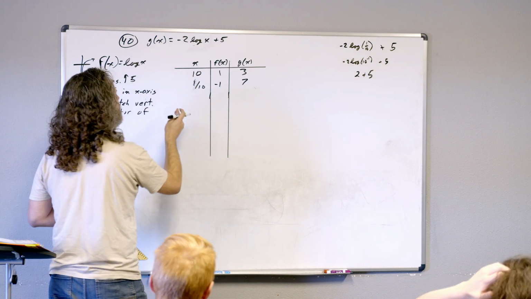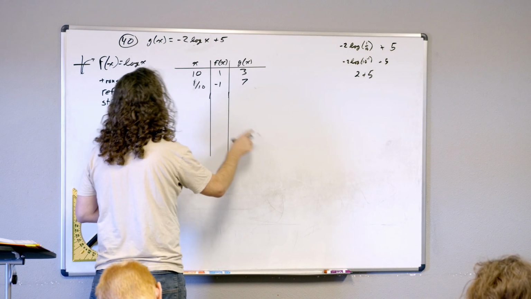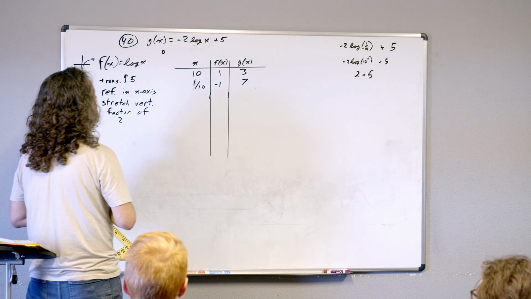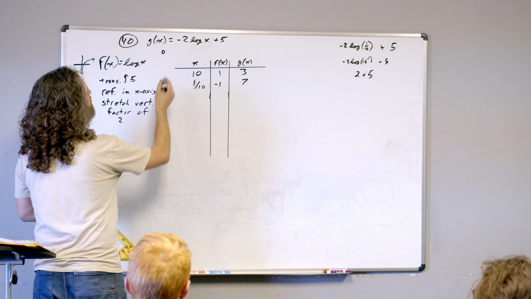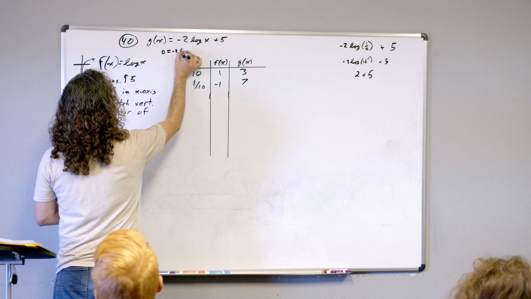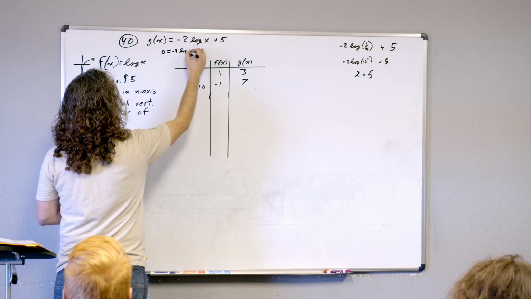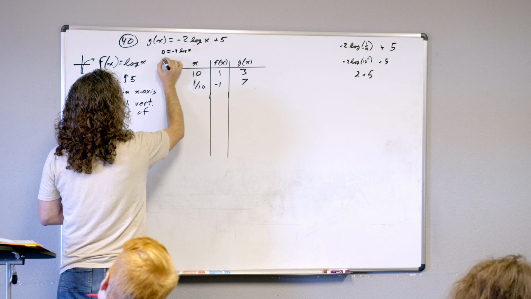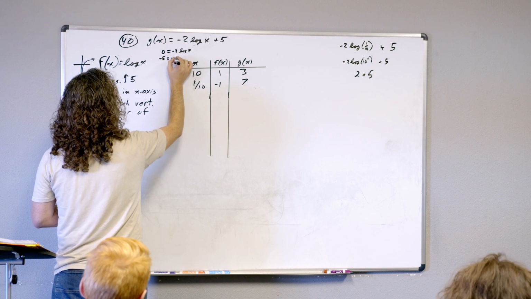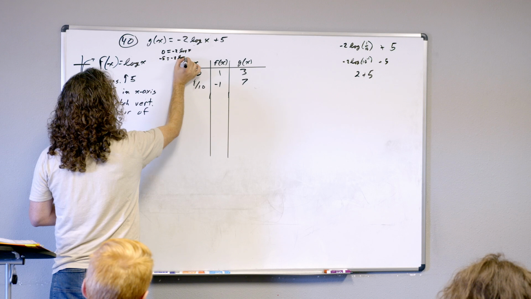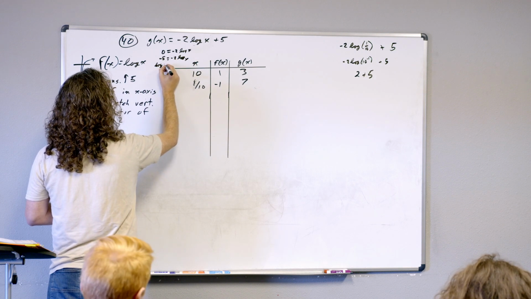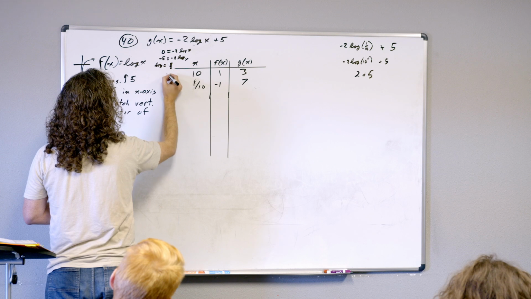We want to know the x-intercept, so we want this to be 0, right? Yes. That would be helpful. So when is that 0? So we've got negative 2 times the log of x plus 5, so negative 5 equals negative 2 log of x. Log of x equals 5 halves.